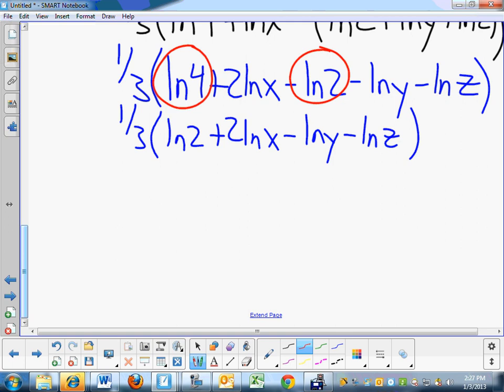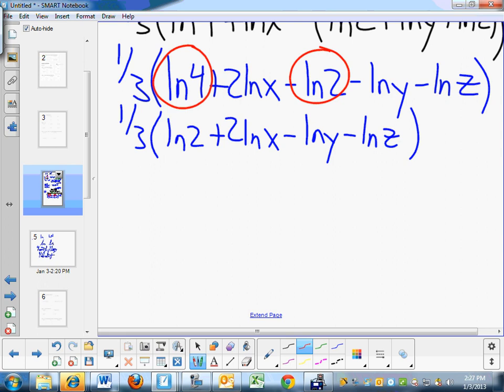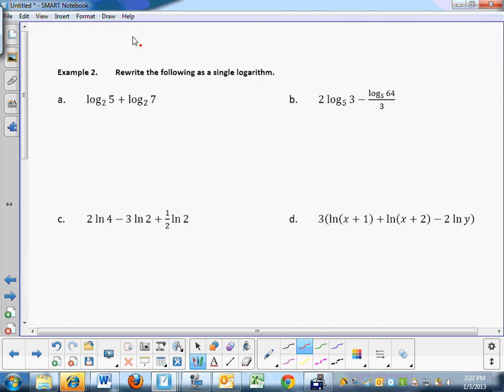So we've taken them apart. Now let's put them together. Flip it on over. We got the whole back side. Log base 2 of 5 plus log base 2 of 7.